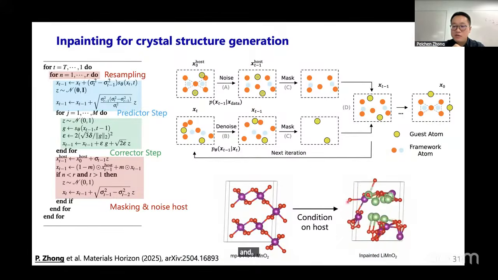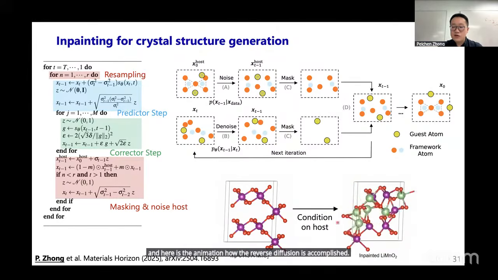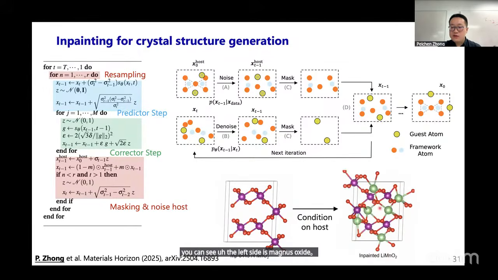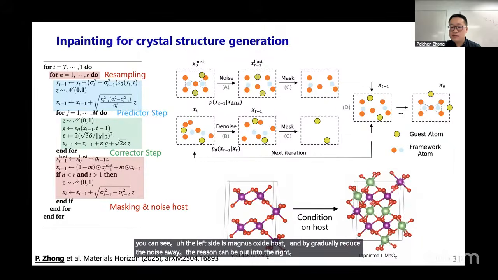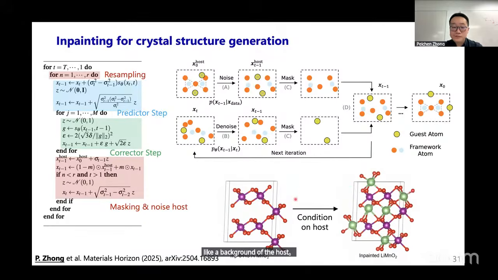And here is an animation of how the reverse diffusion is accomplished. You can see on the left side is the manganese oxide host, and by gradually reducing the noise, the lithium can be put into the right position without changing the background of the host structure.